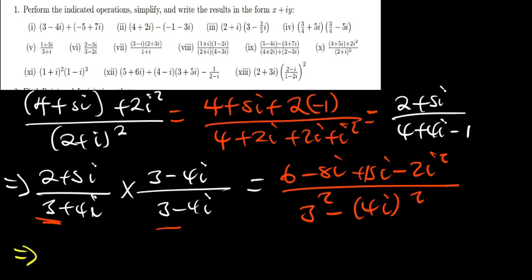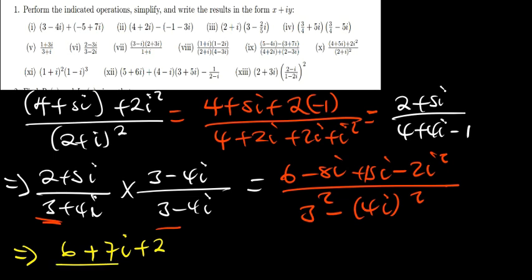I'll say this is going to be 6, negative 8 plus 15. Okay, what is negative 8 plus 15? That is 7. So it means positive 7i. Now there, since we have got negative 20i squared, it's going to be plus 20 because i squared is negative.